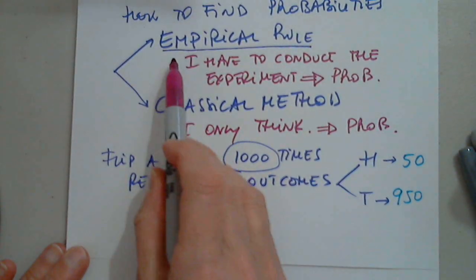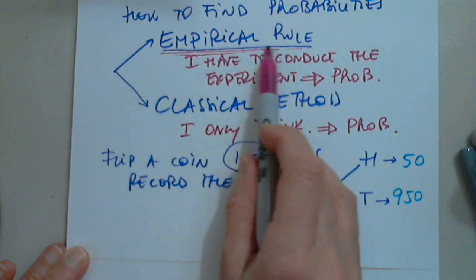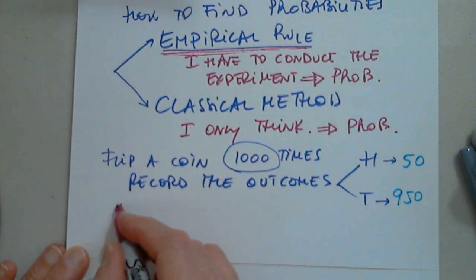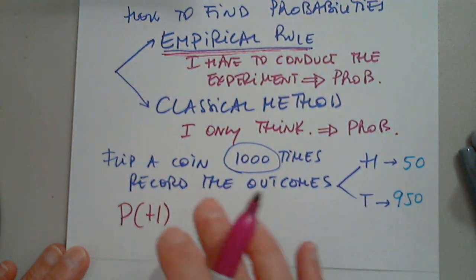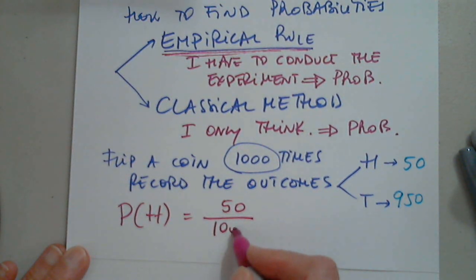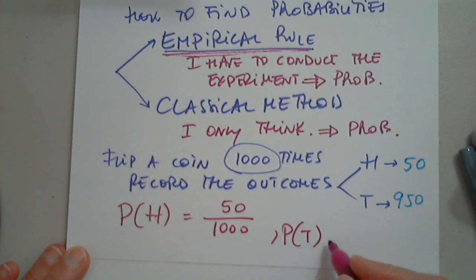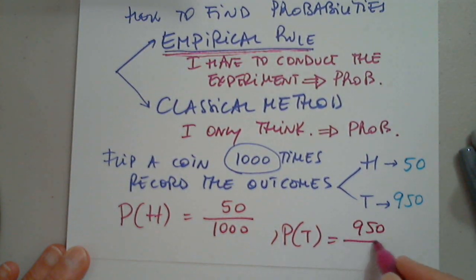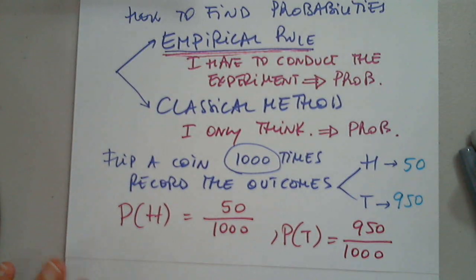So from my empirical rule, I know that the probability of the heads from my experiment is 50 out of the total. And of course, the probability for tails is 950 out of the total.